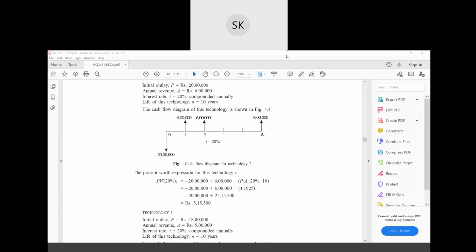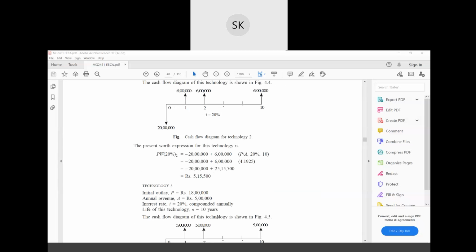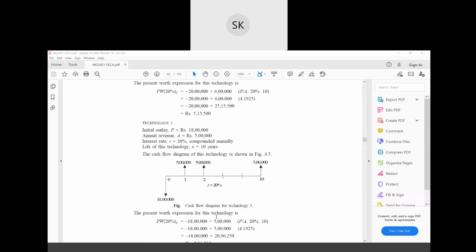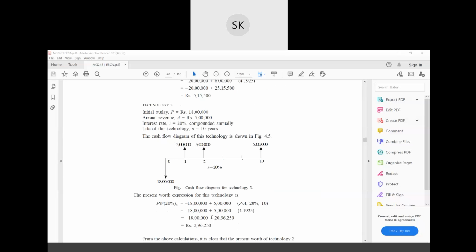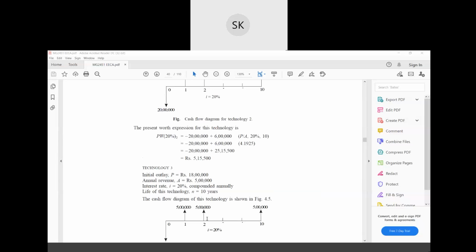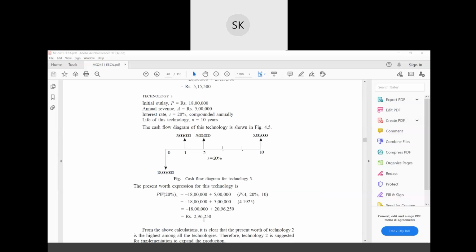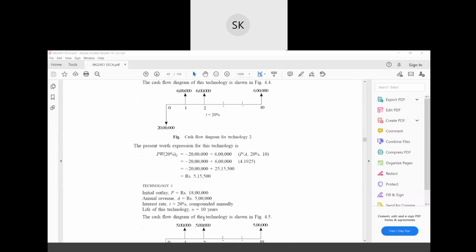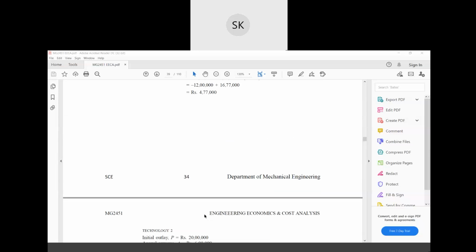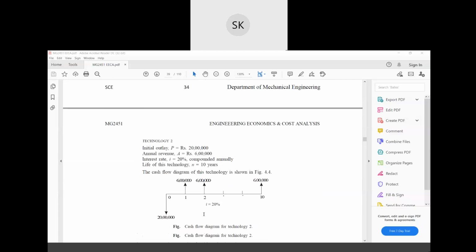It is giving you 5,15,500. Technology 3 is giving me 2,96,250.